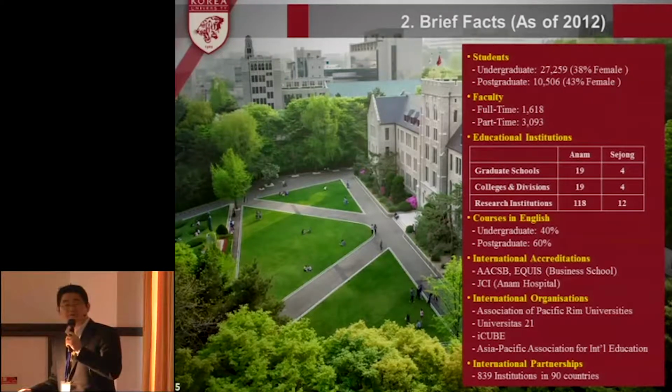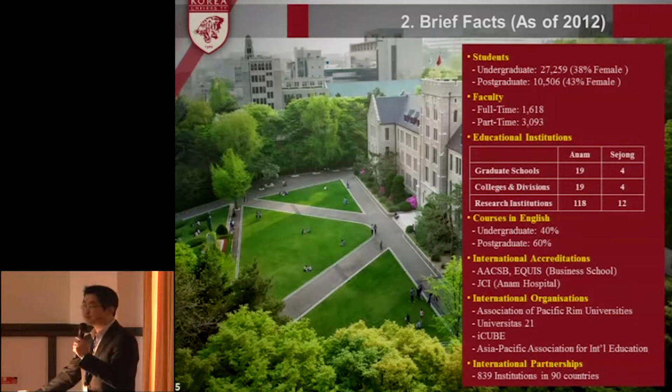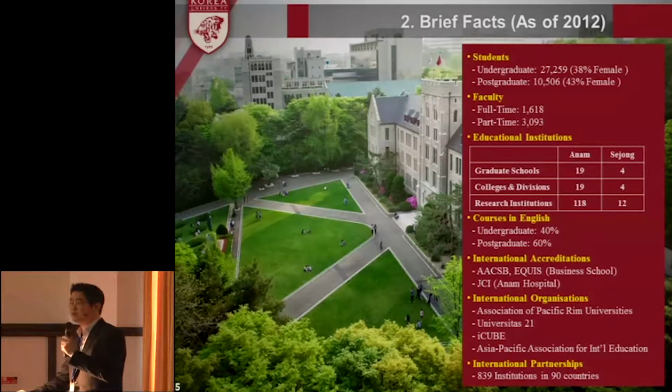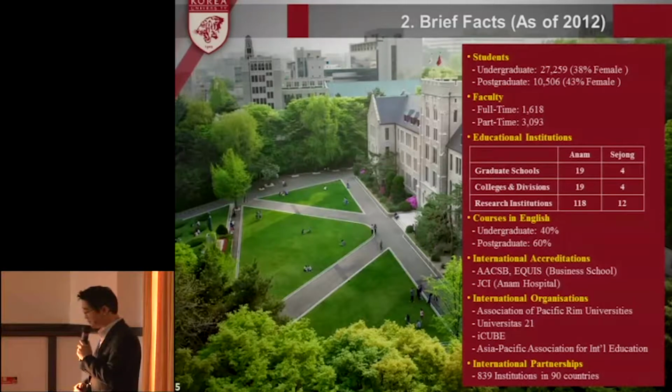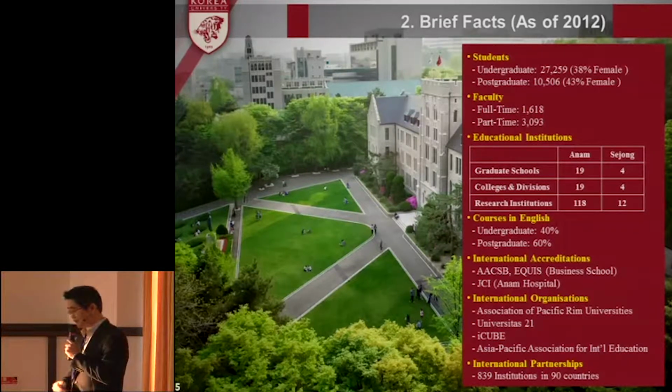One of the goals of the Global KU Project was to increase courses in English. In 2002, we only had 10% of our courses delivered in English, but throughout the Global KU project, we were able to reach 40% in general, 40% at the undergraduate level, and 60% at the postgraduate level.